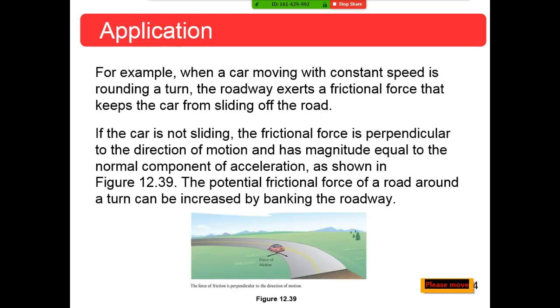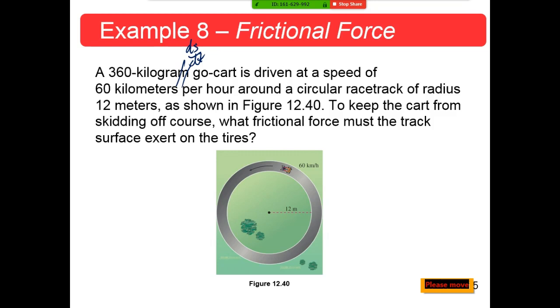What is the curvature? Anyone help me with that? 1/12, because the radius is 12 meters, then the curvature is 1/12. The unit there would be per meter, if you were keeping up with units. And then, of course, the mass is this.